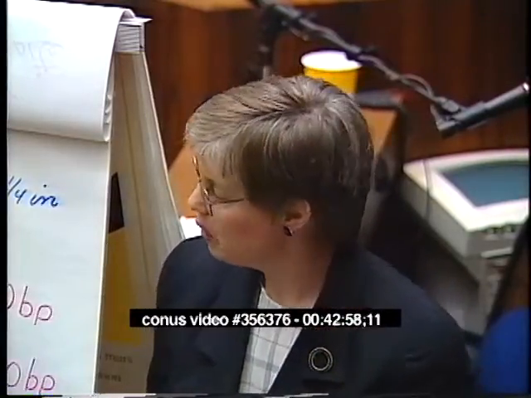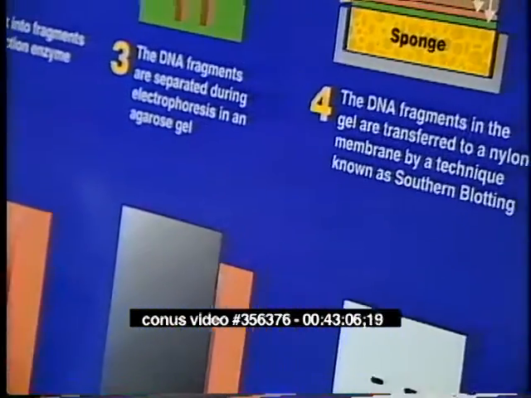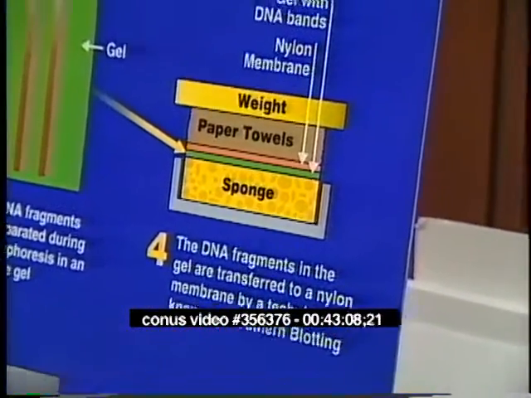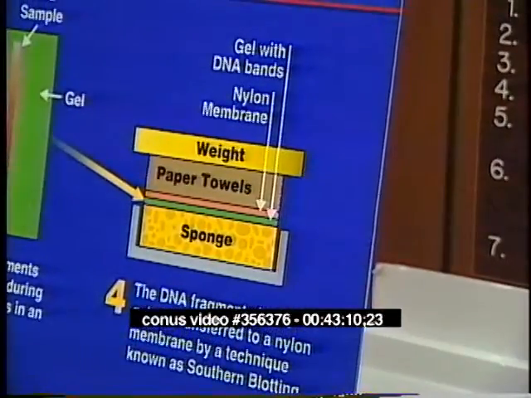Now, I have omitted one important feature here, and somehow I always have trouble getting this in the right order. Just before you set this up, you treat your gel so the DNA fragments that are double-stranded will come apart and become single-stranded. You do this by soaking the gel in a solution of sodium hydroxide.